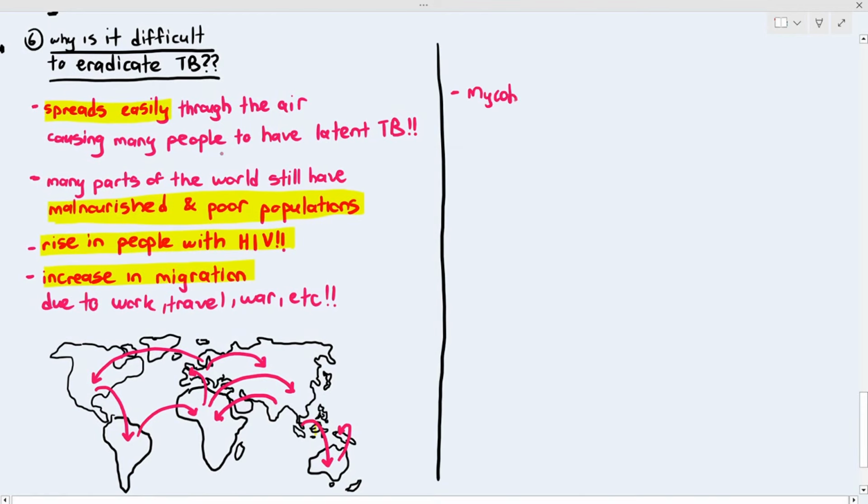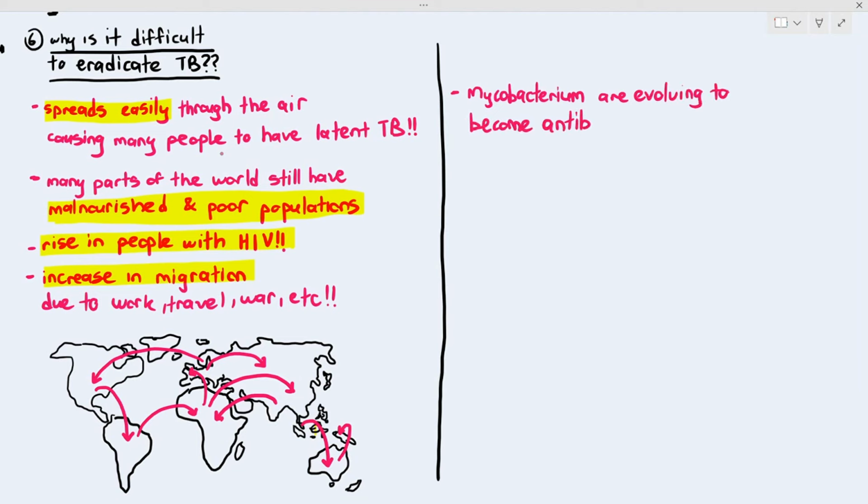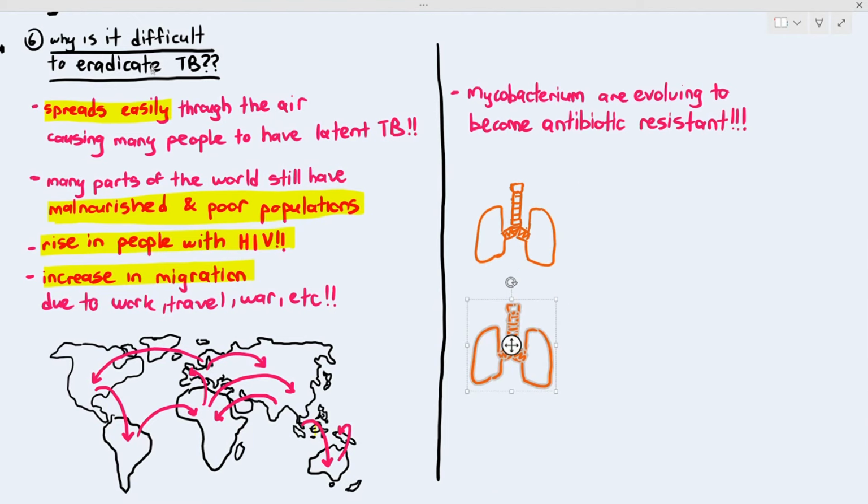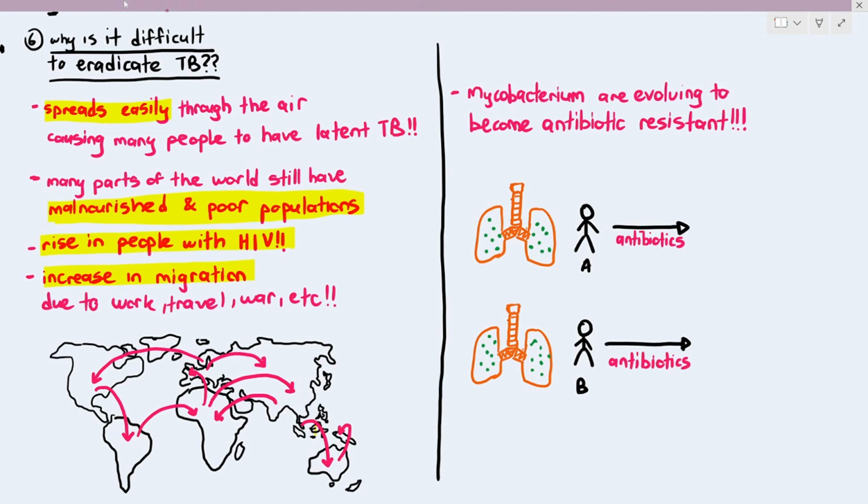And one huge problem when it comes to TB is the fact that the Mycobacterium, which are the pathogens that cause tuberculosis, are evolving to become antibiotic resistant, which means to say you have two people with TB represented by the green dots in the lung. Those are the pathogens. Person A, when they are given antibiotics, it kills off the pathogen.